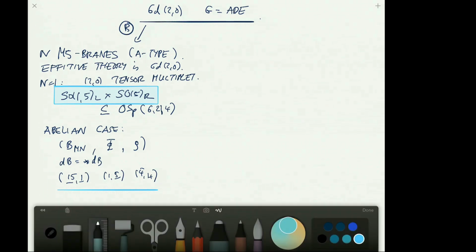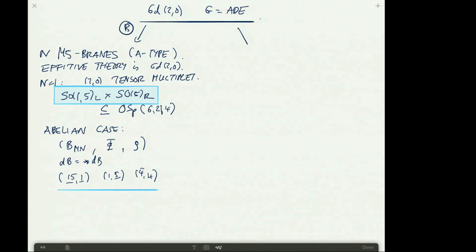There's another way, of course, to get this, which is starting with some string theory. So let's take type IIB string theory, and we put it on an orbifold of C^2 by a group characterized by the ADE gauge group that we want.